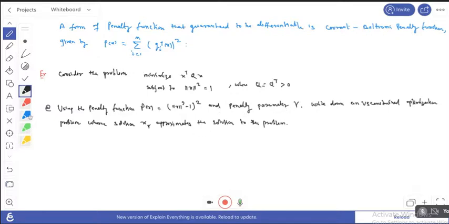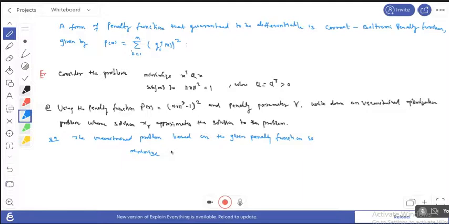Okay, so here you know that the solution is very simple. The unconstrained problem based on the given penalty function, that is, you should write here minimize.